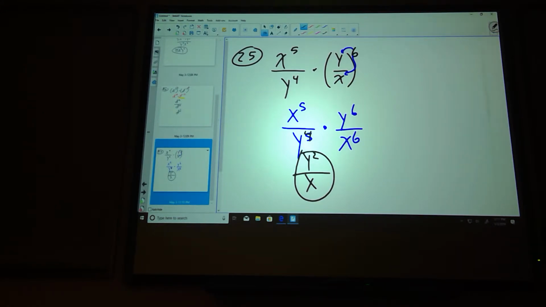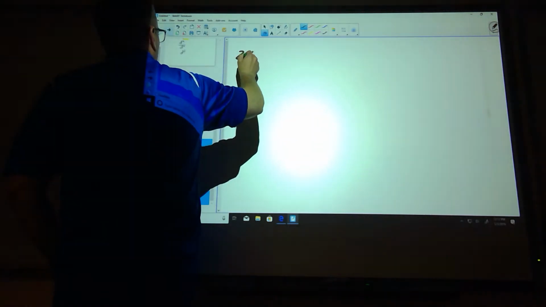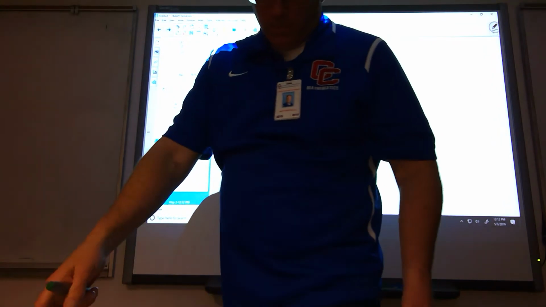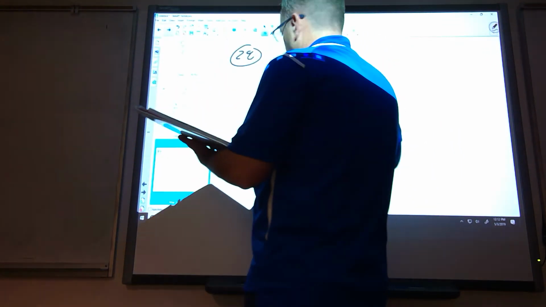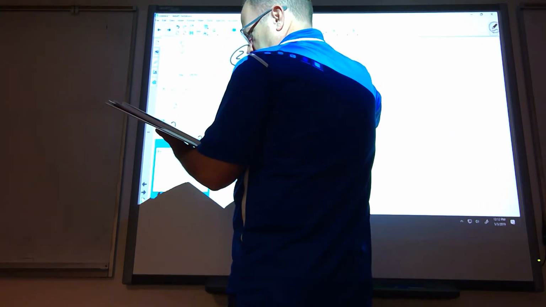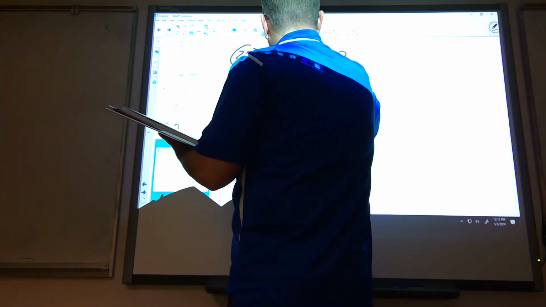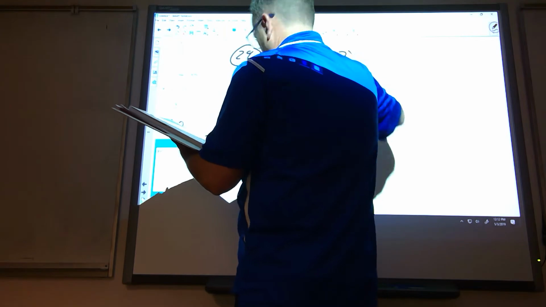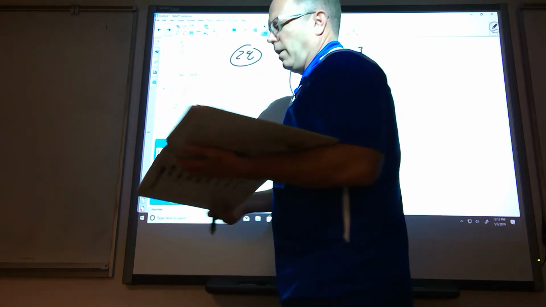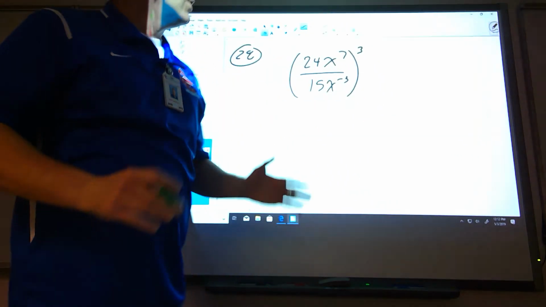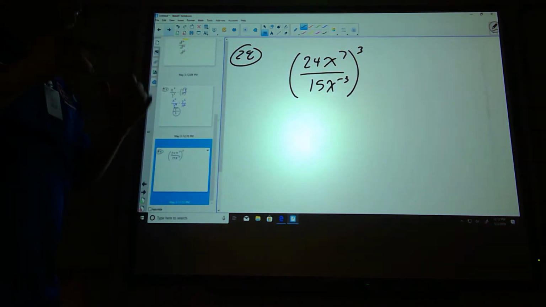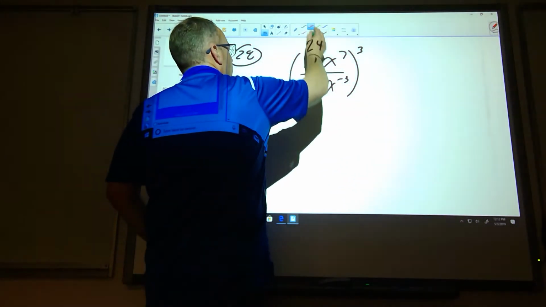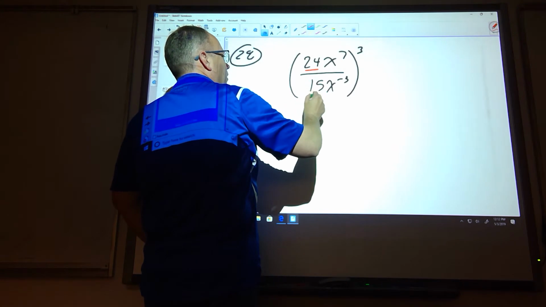Number 28. Okay, let's take care of what's inside of the parentheses first. I can reduce this and I can reduce this.